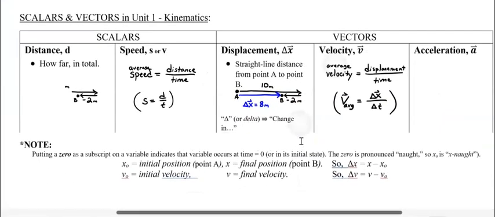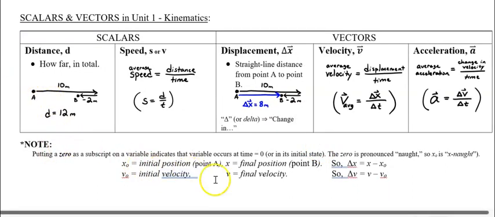Since we're talking about that right now, we can look down at the note here, which would say, for example, delta x can be found by using the ending value x and the beginning value x naught. Putting a 0 as a subscript on a variable, like we did here with this x0, indicates that that variable is occurring at time equals 0, meaning it's the initial value of position, or if it was velocity, the initial velocity.